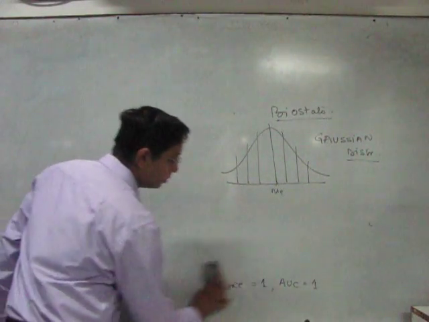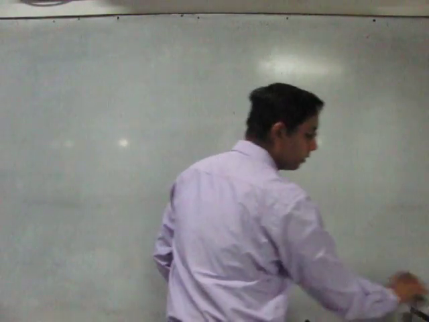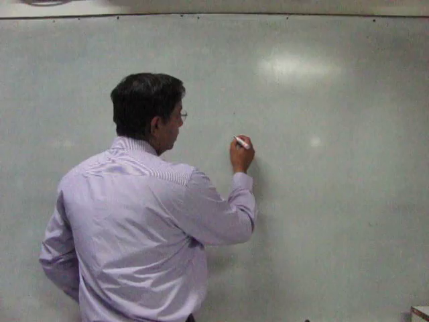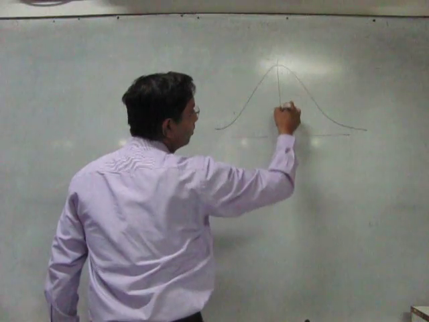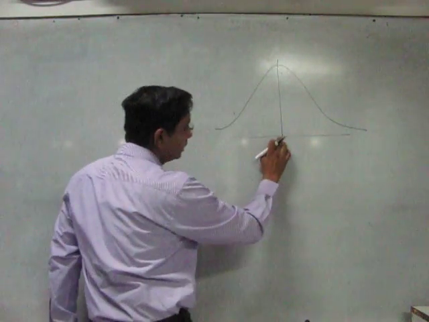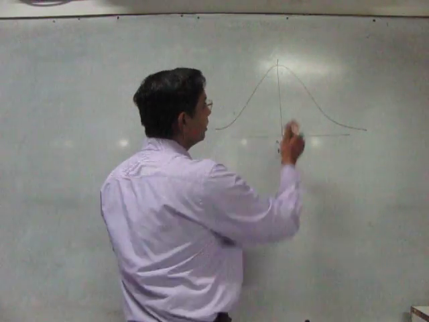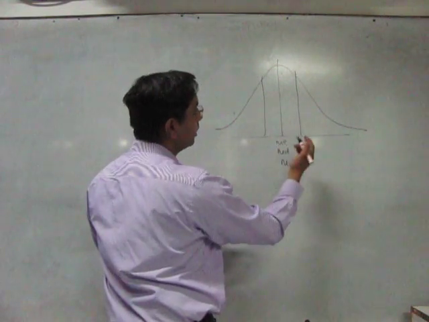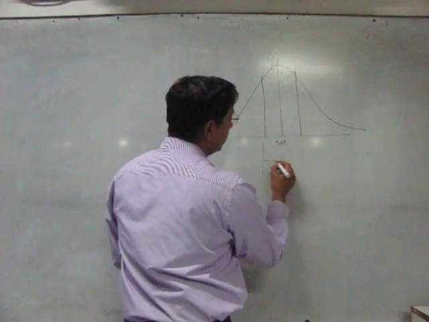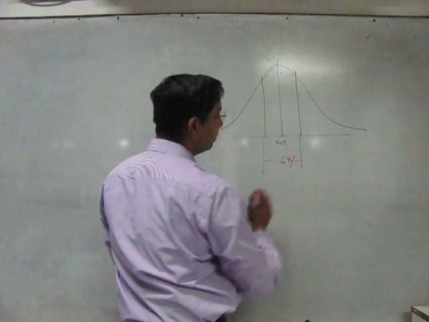Next couple of MCQs we get from this normal distribution curve is regarding the confidence intervals and the confidence limits. If you see that this is the normal distribution curve, and we know from our previous knowledge that the mean is equal to median is equal to mode, please remember that in 1 SD to the left and 1 SD to the right, there is a total of 68% of the population.